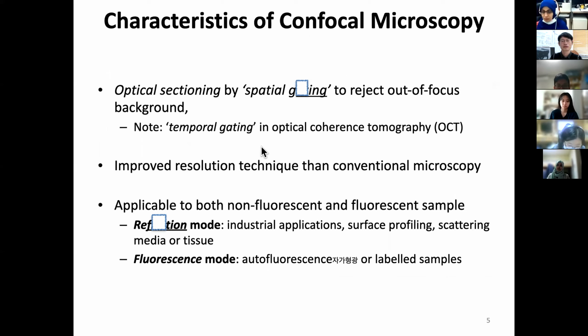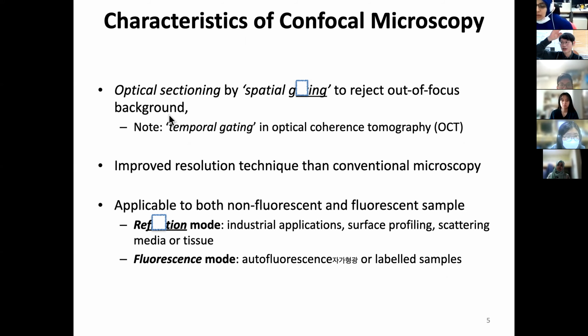Okay, let's get back from the history to our confocal microscopy characteristics. What we are learning is that the principle was done before, so we have to get better at understanding and asking questions. What are the limitations of confocal? First of all, we call it optical sectioning, to reject the out-of-focus background. In all imaging processes, you make a focus of light and that focus gets imaged back to the image plane.